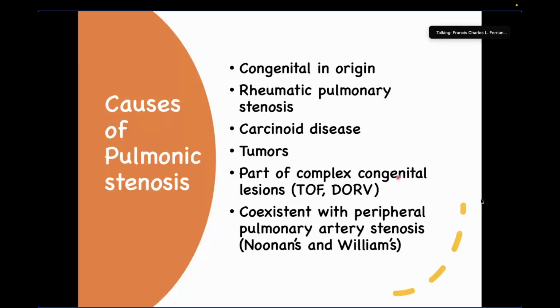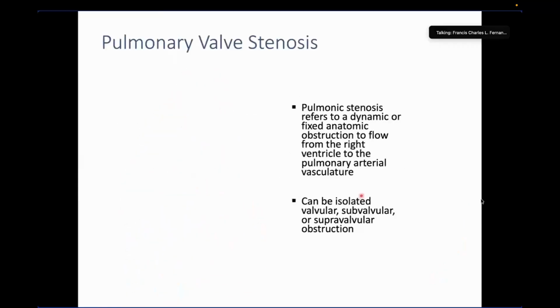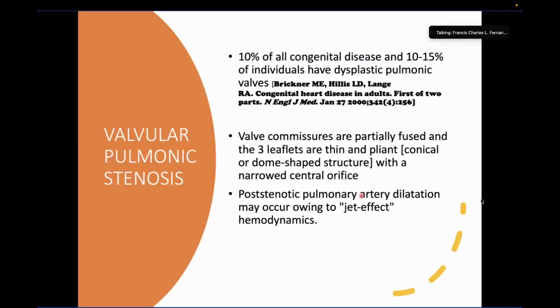It is part of the complex of your congenital lesions, your tetralogy of Fallot or double outlet right ventricle. Okay, so it can coexist with peripheral pulmonary artery stenosis such as in Noonan's and Williams syndrome. So 10% of the congenital disease may have dysplastic pulmonic valves, so PS.